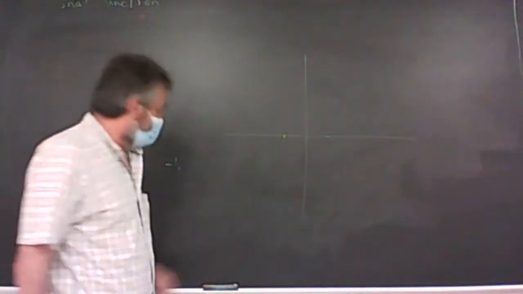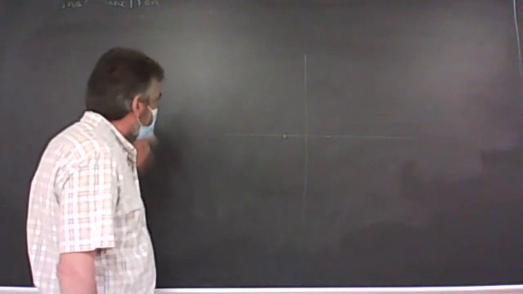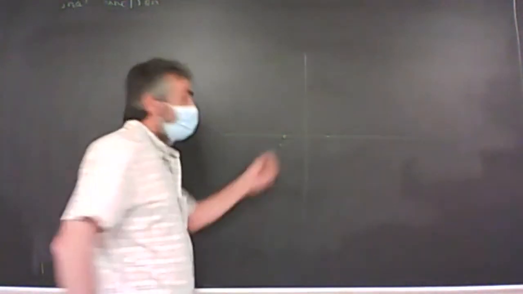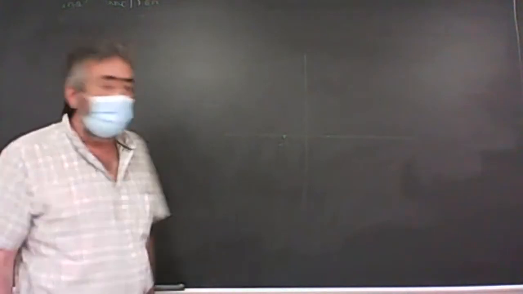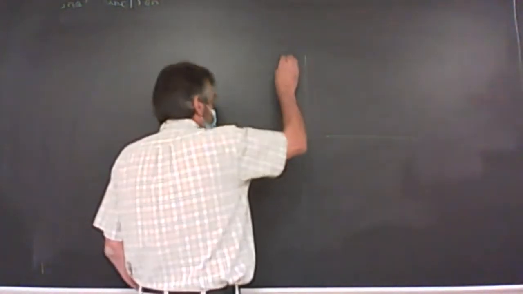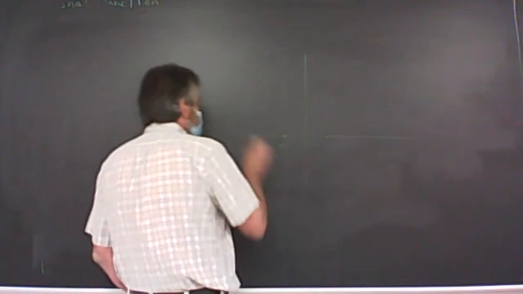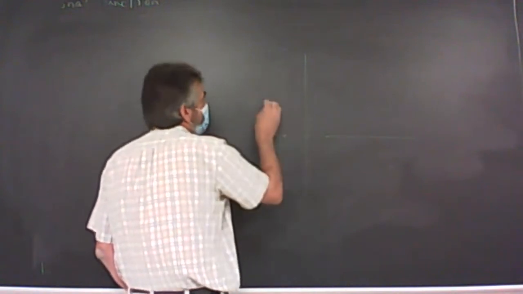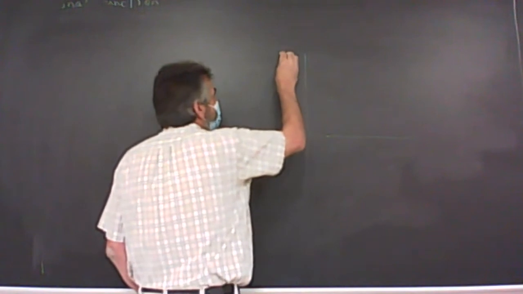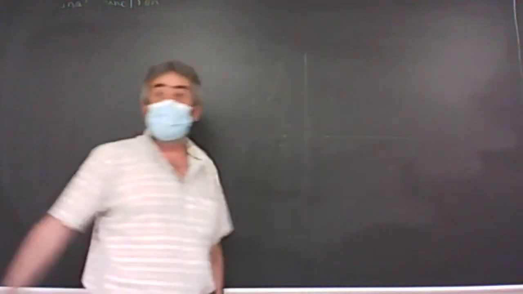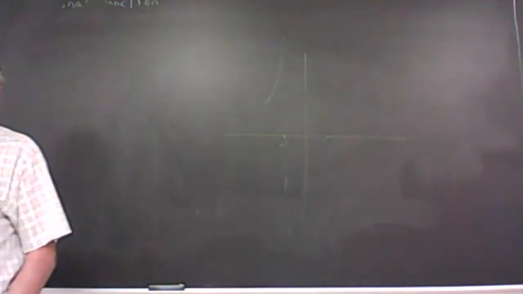Graphically, if -1 is not part of the graph, it has one of two things. Either the graph gets close to -1 and never touches it, keeps going, keeps going.